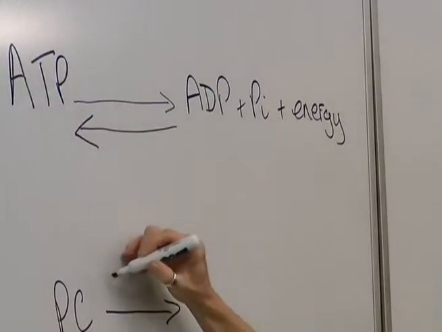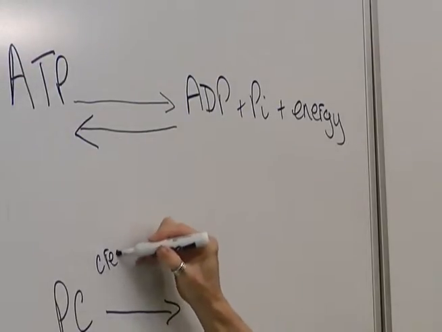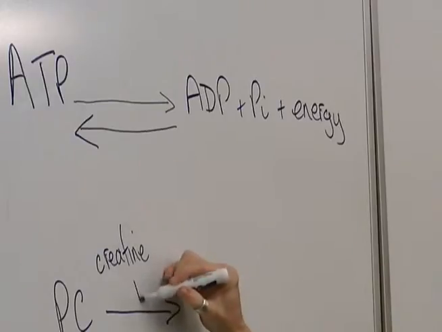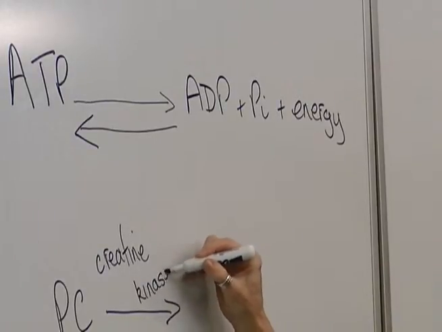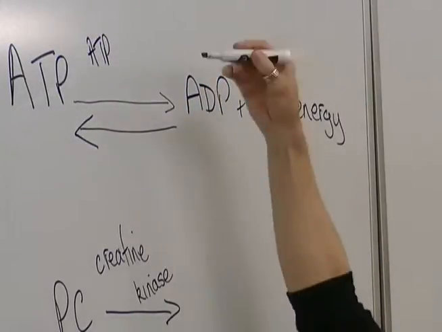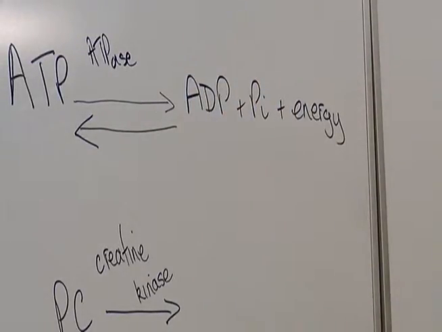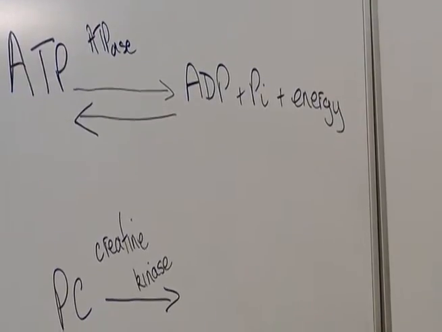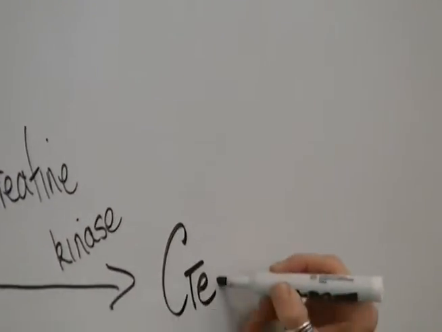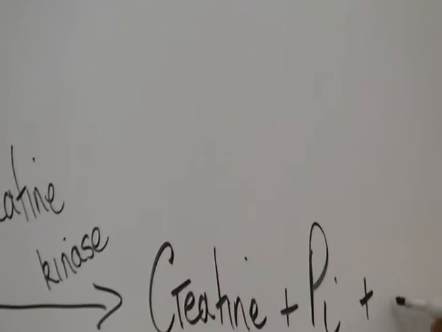Phosphocreatine and the enzyme that facilitates the breakdown of phosphocreatine is creatine kinase. So often what you will find is that the enzyme name says the thing it's breaking down with an ase on the end. So if I see a word that finishes in ase, that's an enzyme. So phosphocreatine breaks down into creatine plus an inorganic phosphate plus energy.